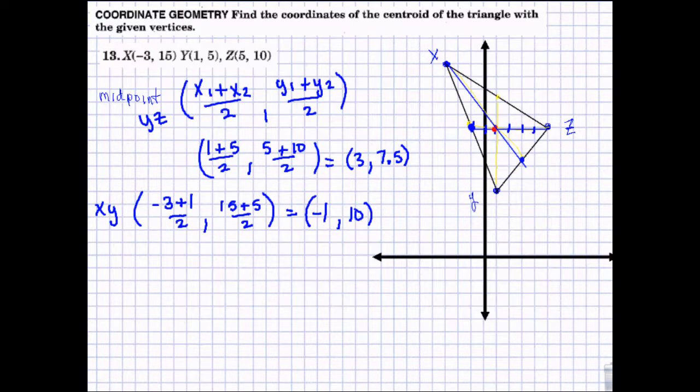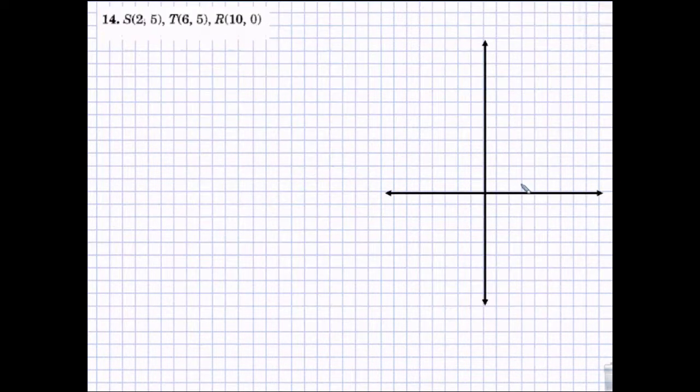Okay, so we're going to plot our points first. So 2, 5. It's kind of big. 6, 5. And then 10, 0. Oh, 6, 7, 8, 9, 10. Just barely make it.